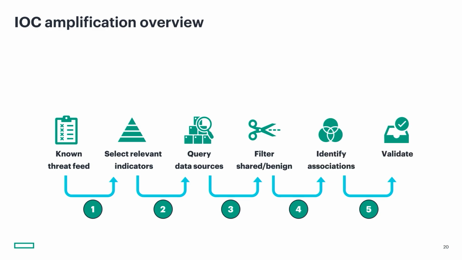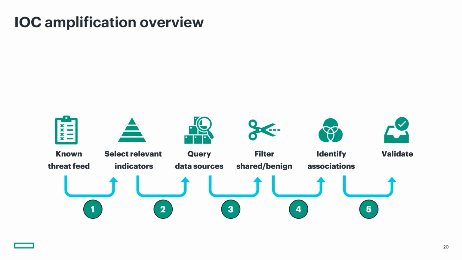So what we do is we start with known threat feeds, with known indicators of compromise. And this could come from that test infrastructure, right? They're low-key, low volume, but they're there. We select the relevant ones. And I'm going to go through each one of these steps in a little bit more detail. We select the relevant ones because there's no point in working with everything you have in a threat feed.